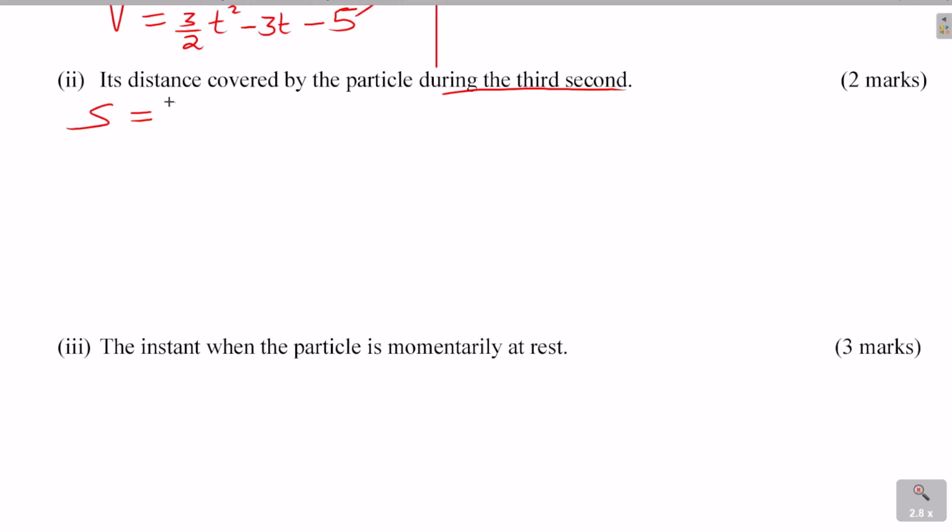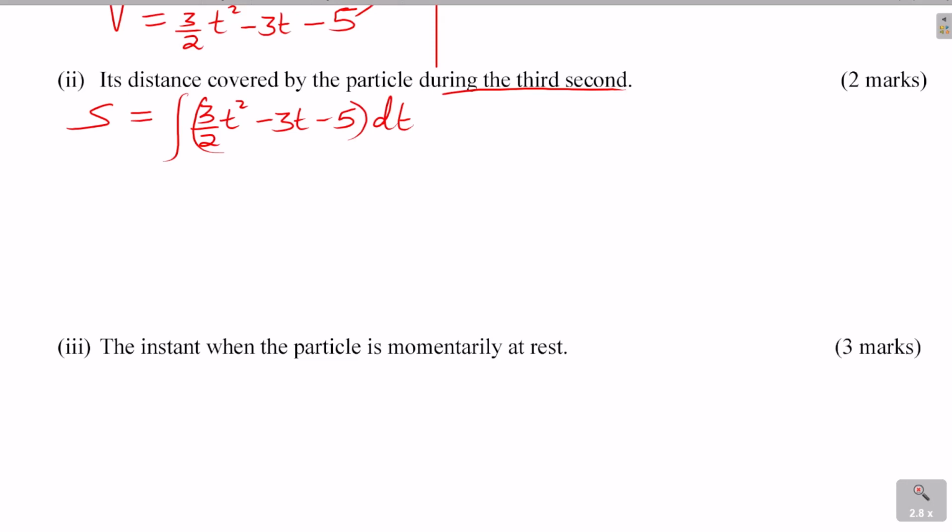So distance will be obtained by integrating velocity with respect to t.